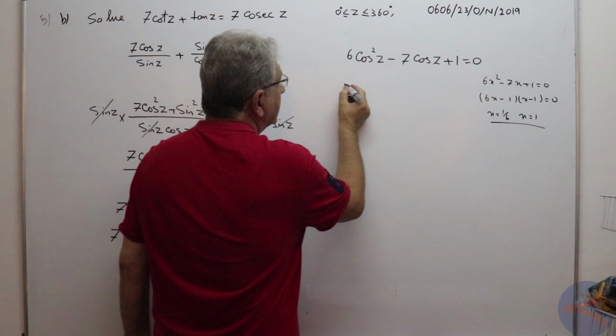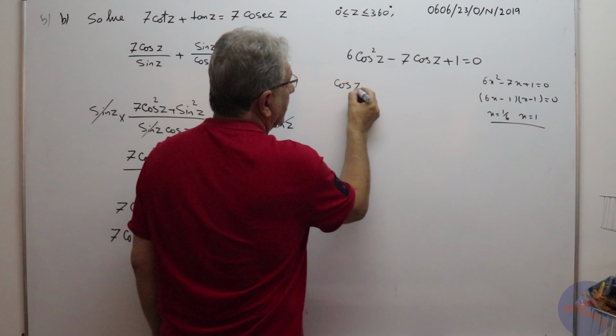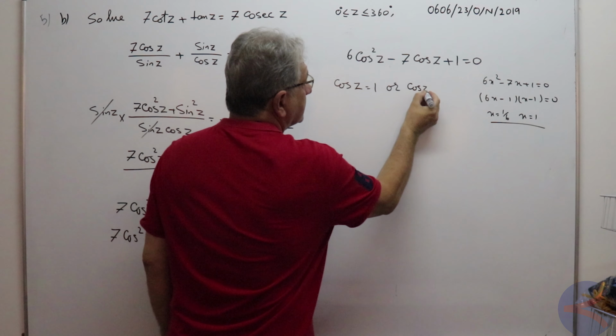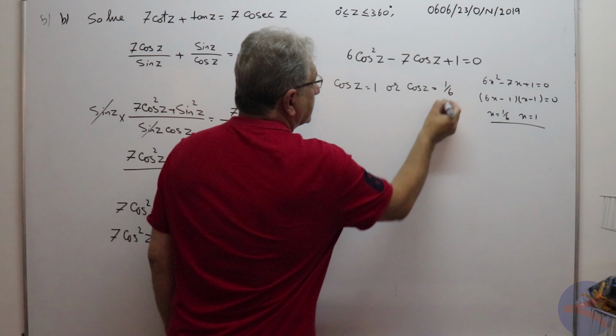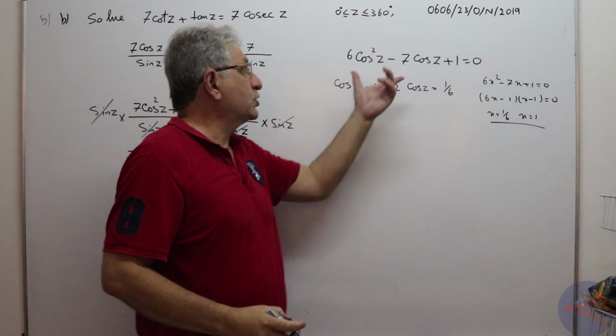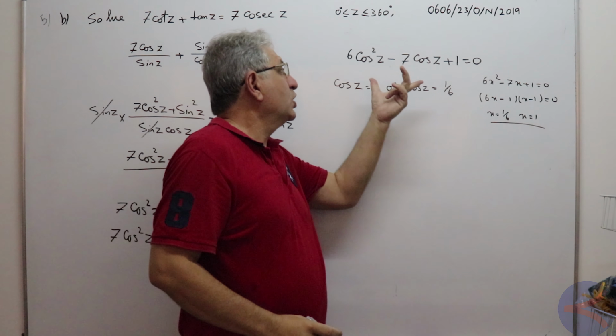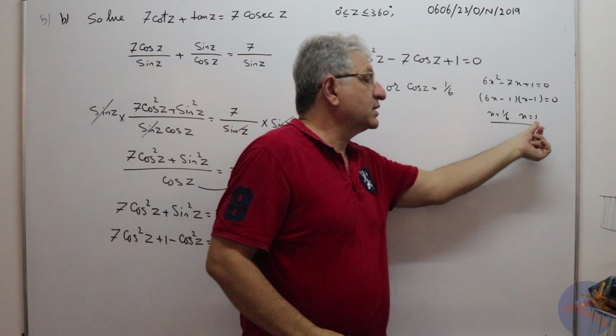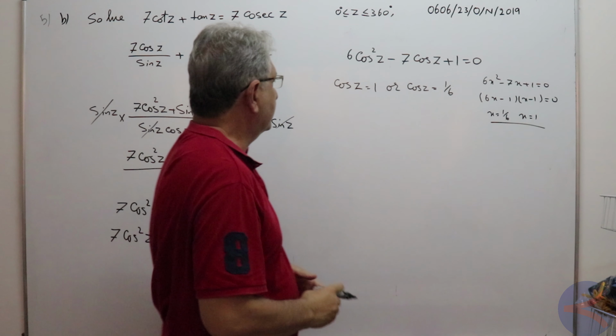That means here cos z is equal to 1 or cos z equal to 1 over 6. You can solve this quadratic equation in any method. You are going to get 1 over 6 and 1, therefore these two values.